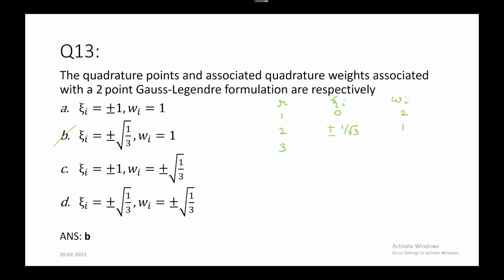Here similarly you will have plus or minus root of 3 by 5. For this you will have 5 by 9, and for 0 you will have 8 by 9. You can construct the Gauss quadrature table for 4 similarly, by the way we did for 1 and 2.